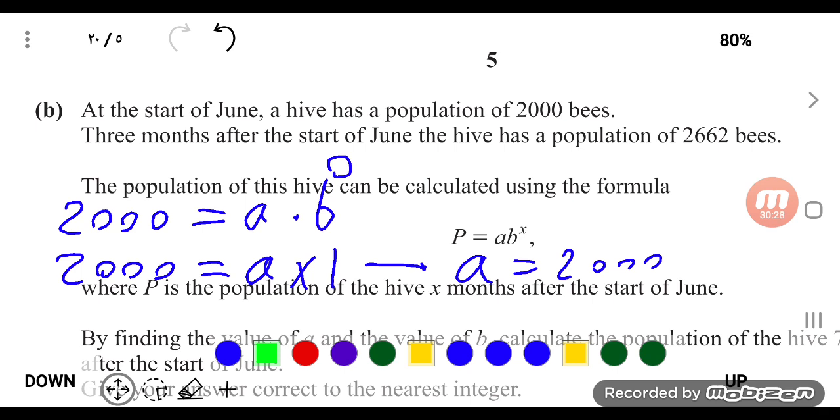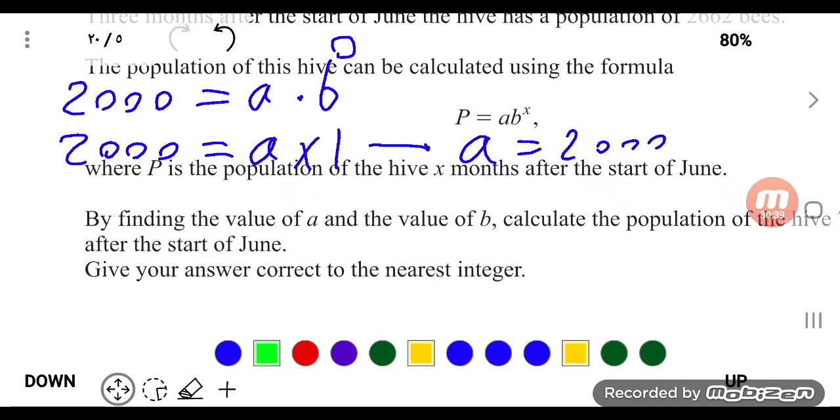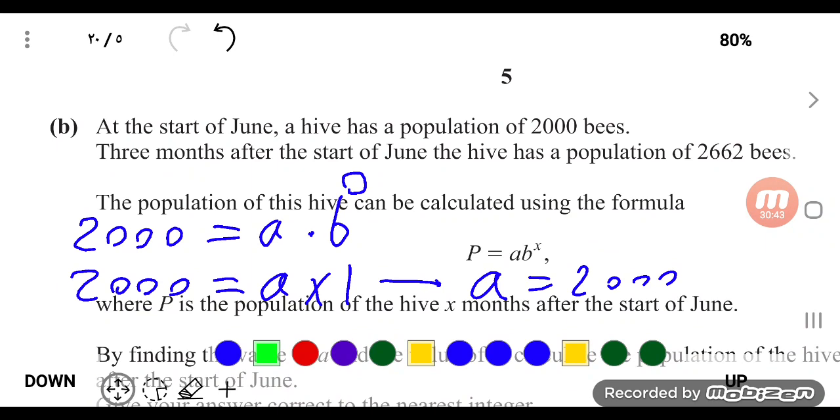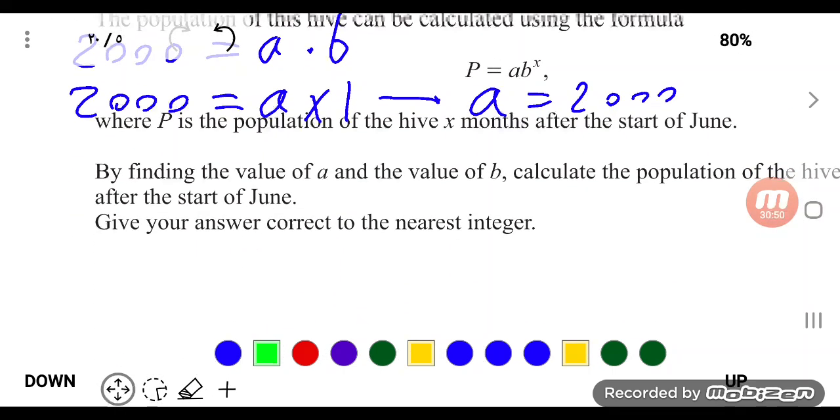After the start of June, the hive has population 2662. I can plug now 2662 for P and 3 for X, and of course 2000 for A. So now I have population 2662 and X is 3.